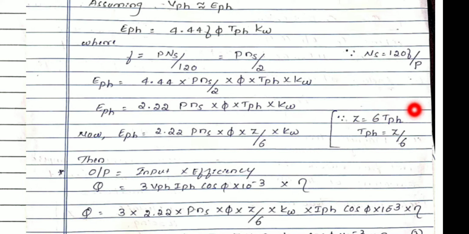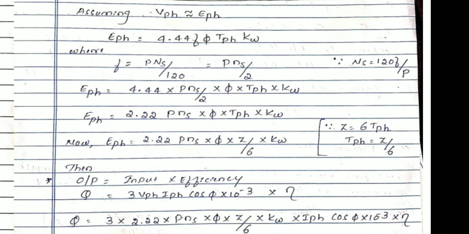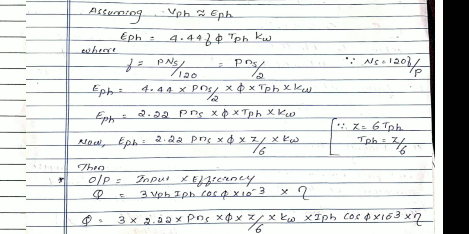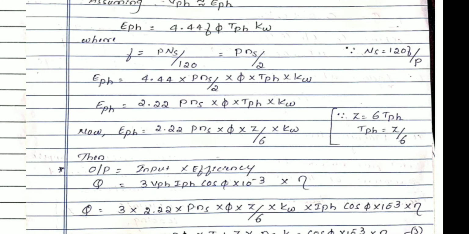There are 3 phases, and in each phase there are 2 conductors per turn, so 3 into 2, that is 6 TPH. Number of conductors will be equal to 6 TPH. From this equation, TPH will be equal to Z divided by 6. That is why, instead of TPH, I substituted Z divided by 6.